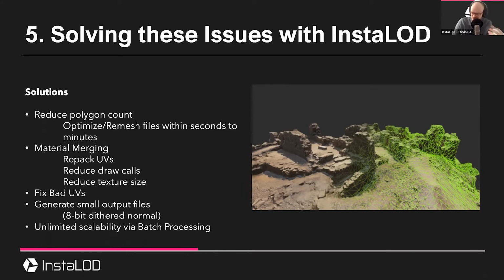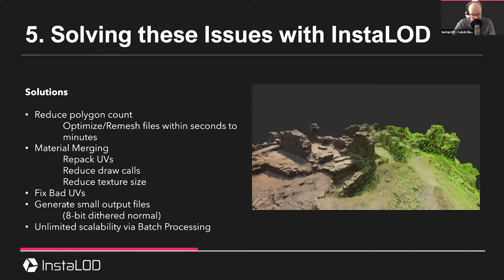So not something we really want to work with. We also want to bake down the texture size from potentially 16K textures down to maybe a 4K texture or a 2K texture, depending on the size it's going to be viewed from, and the overall restrictions that we might have for the hardware.